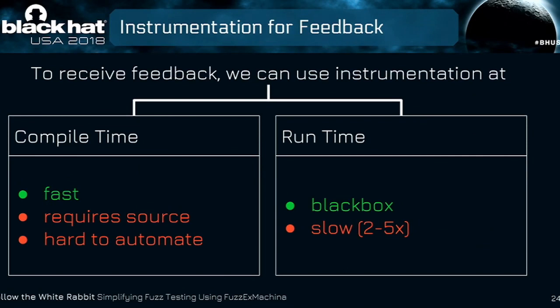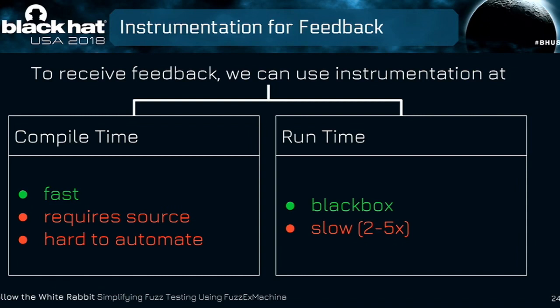Basically, as Bhagava explained to you, we need to give the fuzzer feedback. And to give the fuzzer feedback, we need to keep track of the code coverage that we have achieved in a certain execution of the binary. We could do this either during compile time, and this results in a very fast execution speed, but it requires source code for the binary.